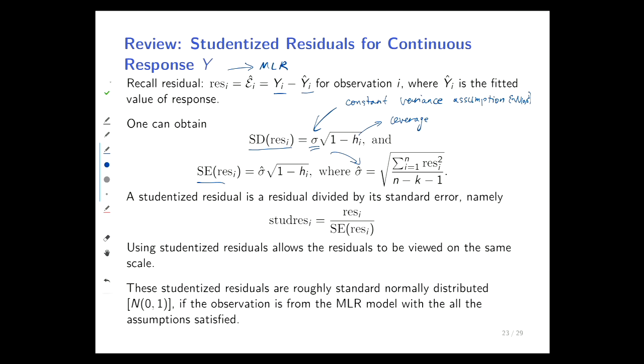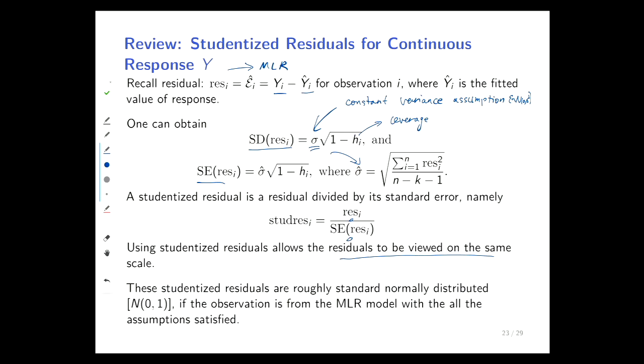In this case, if we consider the residual divided by the standard error of the residual, which is the standardized version of the residual, we call it the studentized residual. The reason we do that is to look at the residuals on the same scale by dividing by this standard error.